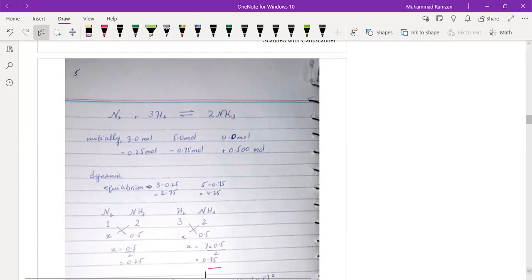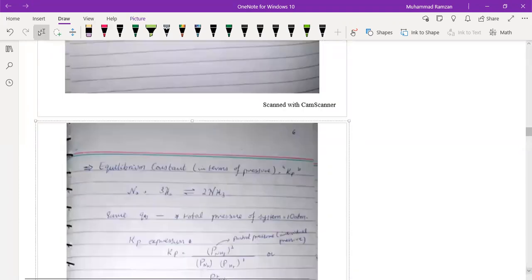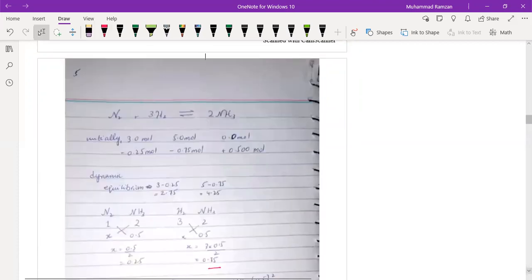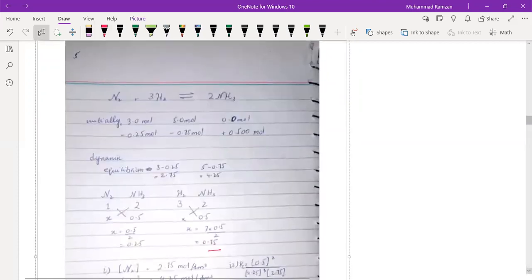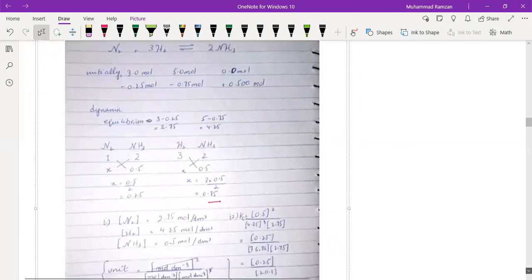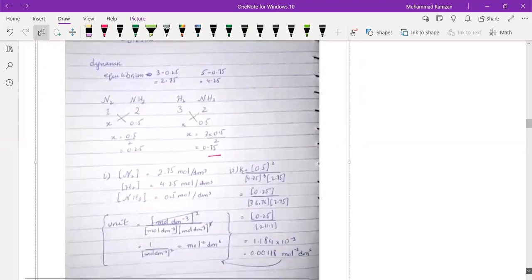And now you put the values in the Kc expression.